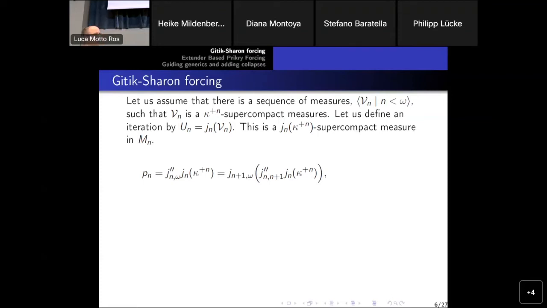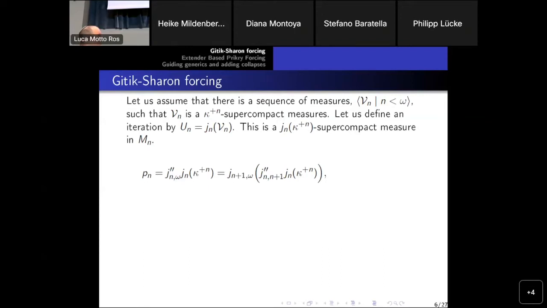This object is going to be moved by the map j(n+1),omega. Note that this object is quite small, smaller than the critical point of the j(n+1) map. So it means that it's the same as the pointwise image of jn,omega over jn of kappa plus n.